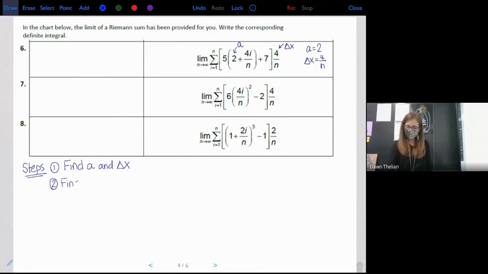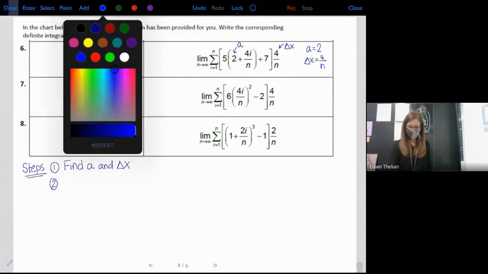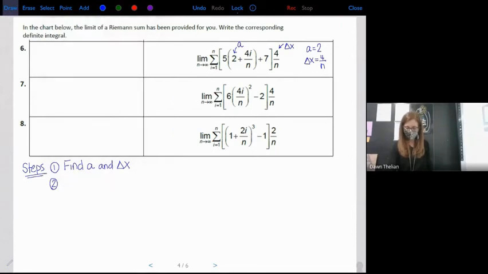Or actually, I should say calculate b. It's a simple calculation, but finding kind of implies that it's just there for you to look at. We actually have to calculate b. Because we can take a and add to it the b minus a that's visible as the numerator of delta x. Because remember, delta x is the change.